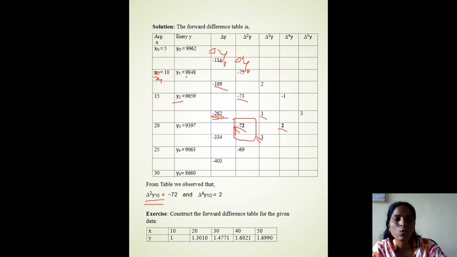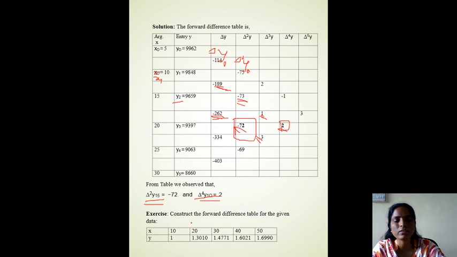So this is y1, this is delta y1, delta square y1, delta cube y1, and that last 2 is nothing but delta raised to 4 y1. That is, delta raised to 4 y10 is equal to 2. So we have constructed this forward difference table and we have computed the values which we were asked.